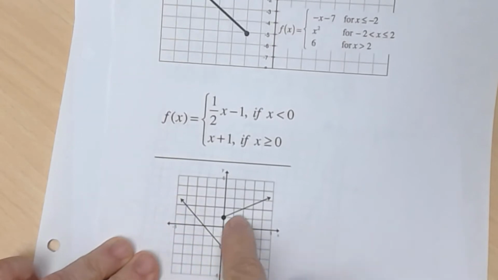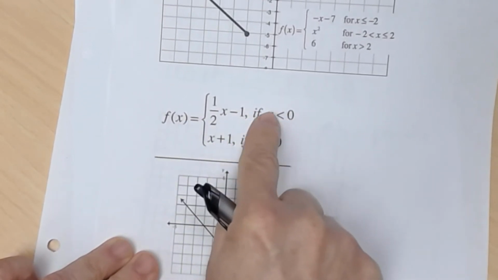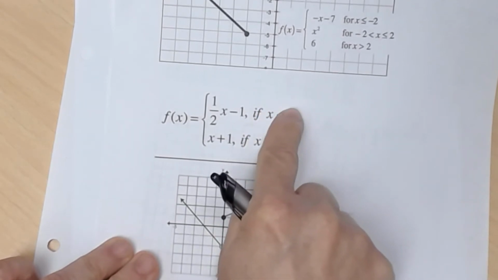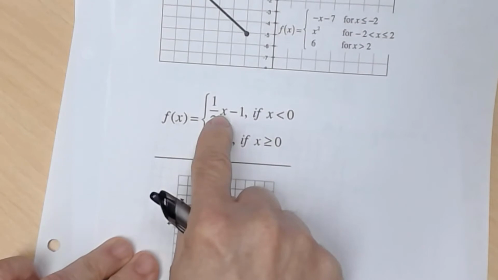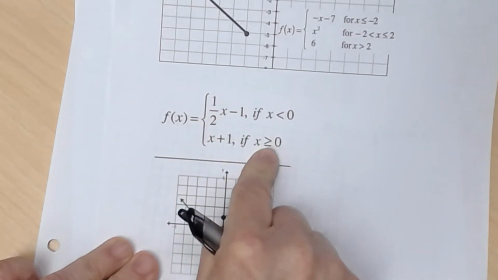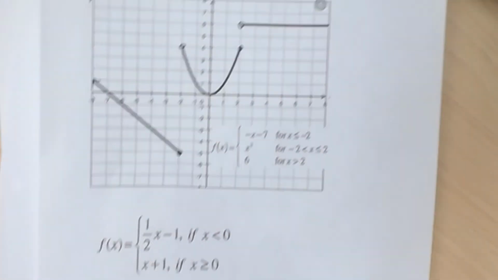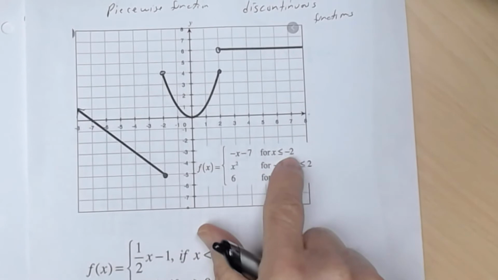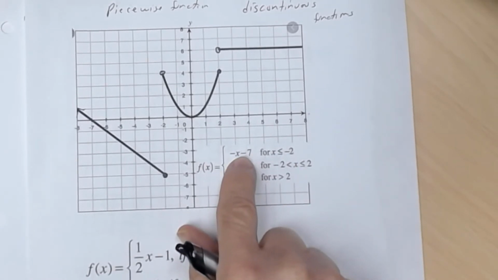These 2 pieces come from your domain. So this says right here, if the value of x is less than 0, I've got to use this. If the value of x is greater than or equal to 0, I've got to use this. Same thing here. If the value of x is less than or equal to negative 2, I'm going to use this part of the function.